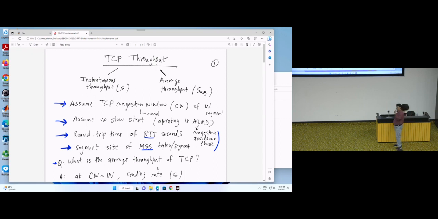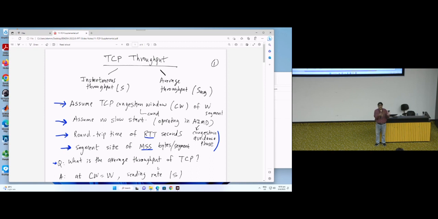In the same way, TCP uses a sliding window. So in the same way that you can compute the throughput of stop and wait, which was 1 over RTT, actually that 1 over RTT is the sending rate of stop and wait. It's the rate at which the sender sends packets. It waits RTT seconds for an acknowledgement. But that's a sending rate.